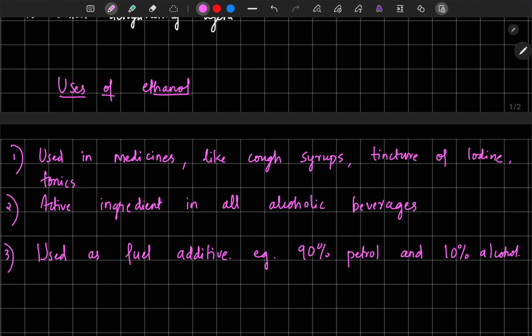If this mixture is put into the fuel tank of a car, there will be good efficiency because alcohol is able to generate oxygen. During the combustion of petrol, if there is oxygen, then the combustion is more efficient and fuel efficiency will be higher. That is why sometimes a small percentage of alcohol is added to fuel. So these three are the main uses of ethanol.